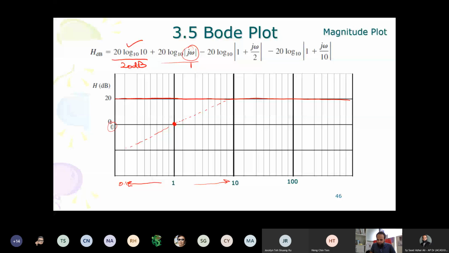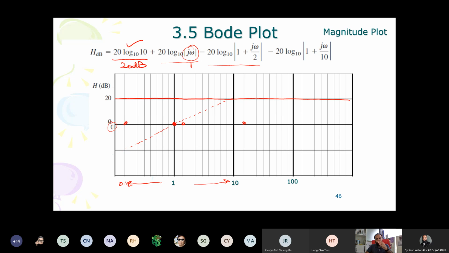So next we have a pole at 2. So we'll come to 2. I'm assuming that this is 2, which doesn't seem like 2, but I'm assuming that this is 2. And this is 20. And this is 0.2. All right. First of all, a pole is in the denominator, so it's going down.